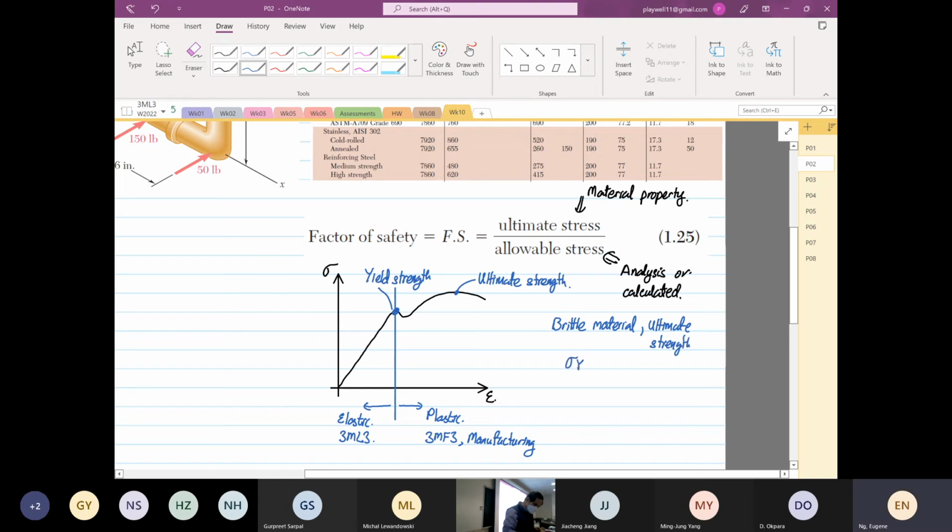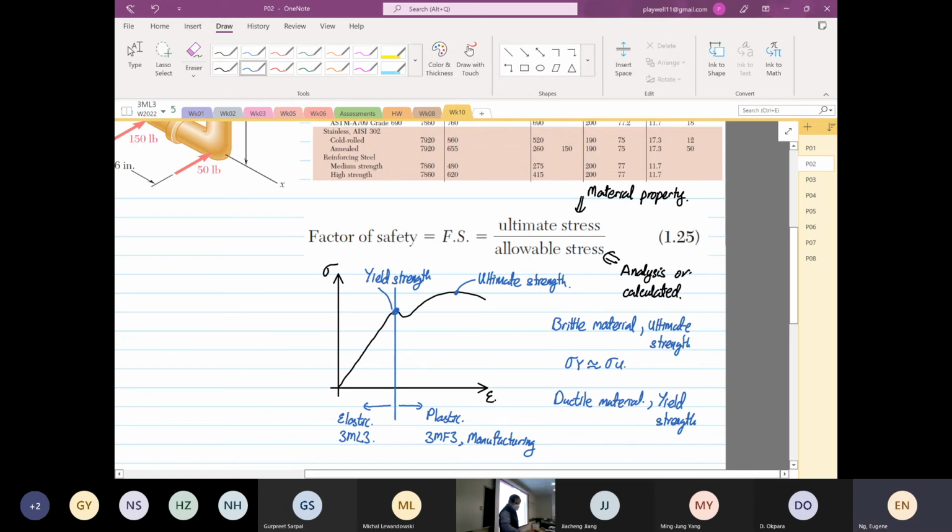Because the yield is very similar to the ultimate for brittle material. For ductile material, right, you use what? You use yield strength. Okay, good. So you all did remember this.